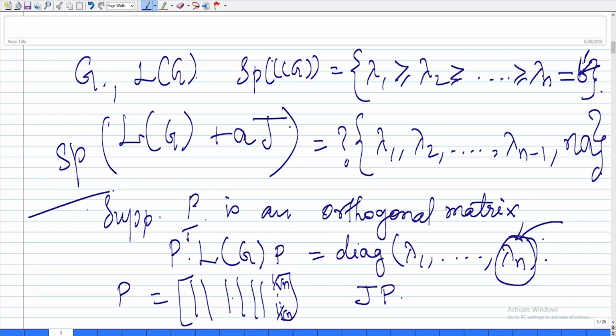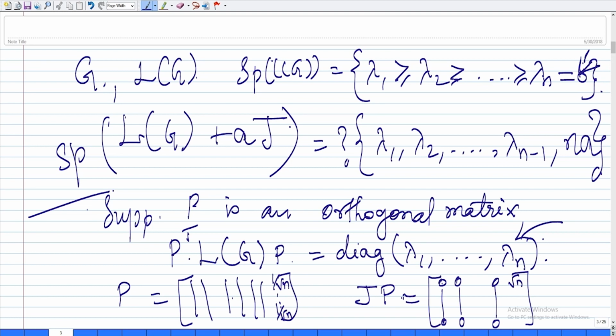What can we say about this JP matrix? You take any row and multiply with the columns of P. Since we have all the orthogonal vectors, the JP matrix takes a very specific form, which is nothing but all zeros in the first n minus 1 columns, and the last column alone exists for JP.